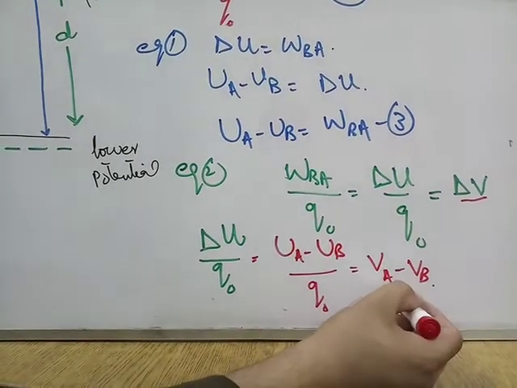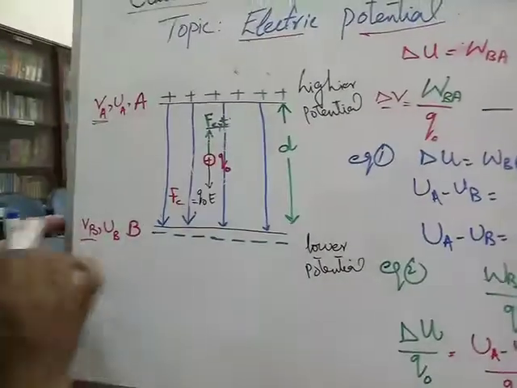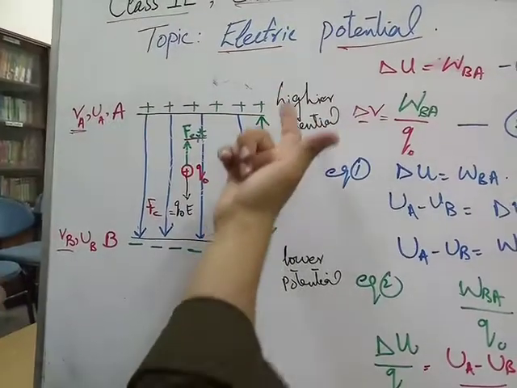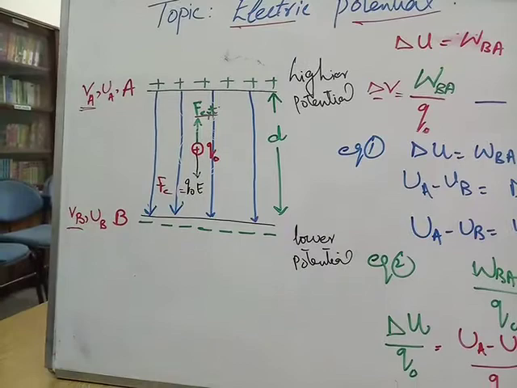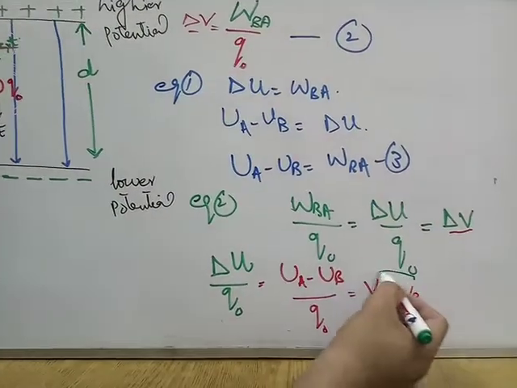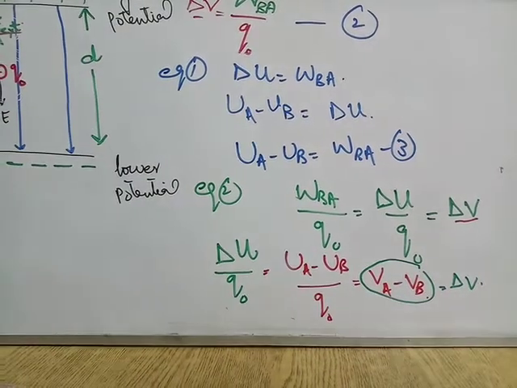This is the potential at plate A, and this is the potential at plate B. VA is the higher potential and VB is the lower potential. So in all, you can write this as delta V.